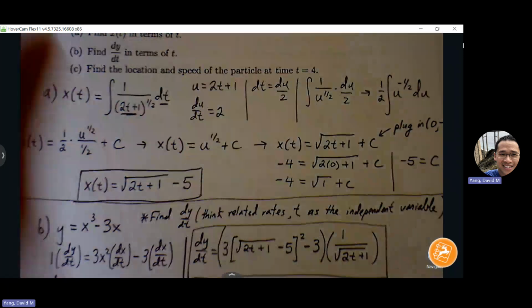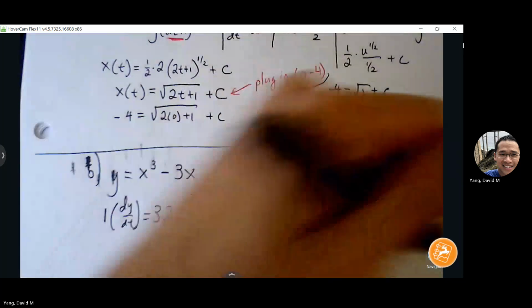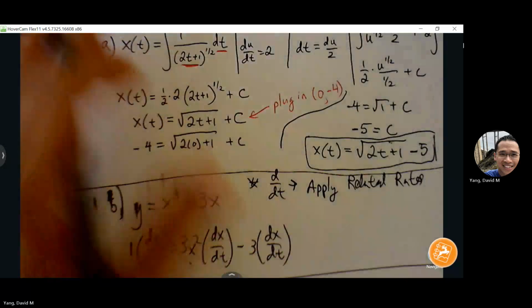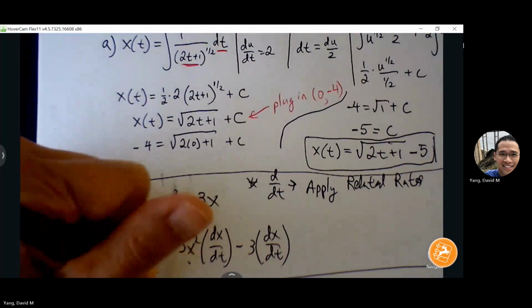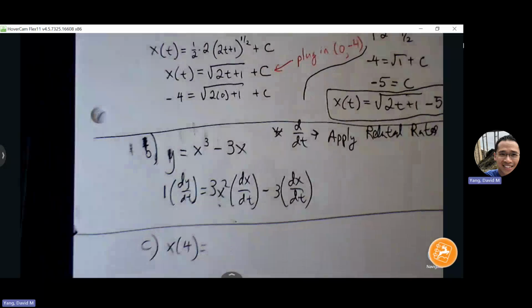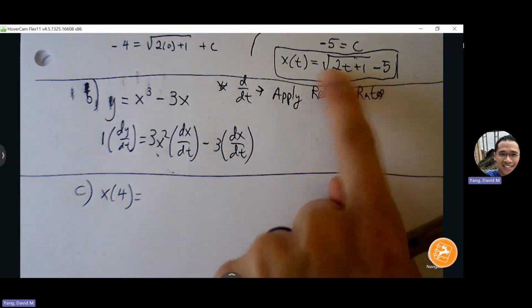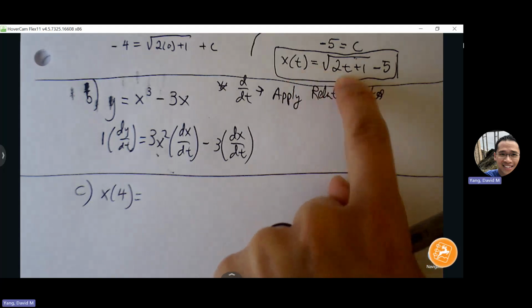So let's look at this one piece at a time. Location at 4. So let's see, x of 4. We can use the x of t that we've built from part A. Find the location of the x component at t equals 4.